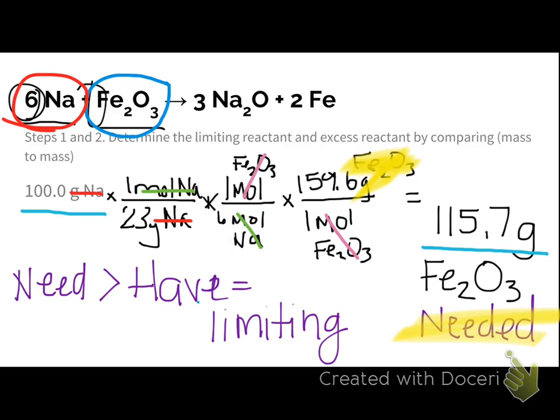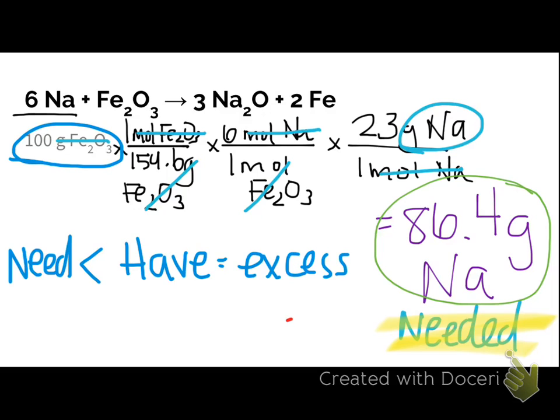And then comparing. Do I need more than what I have? Or do I have more than what I need? Just compare those and it'll really help you solve some of these problems. And then just make sure that you're using your units correctly, making sure your units cancel when doing those stoichiometry relationships.